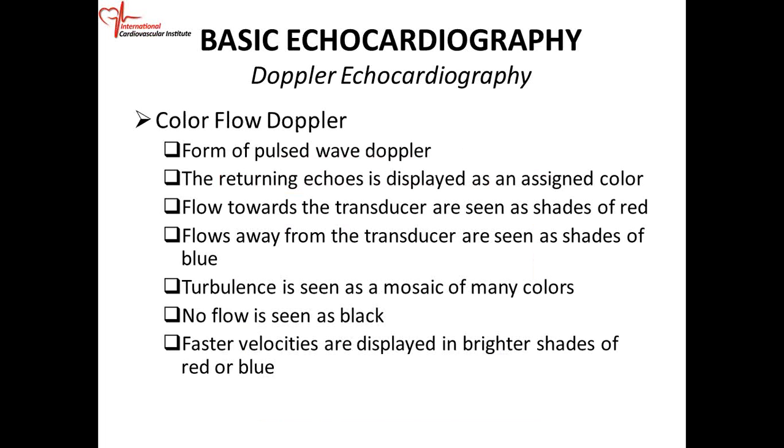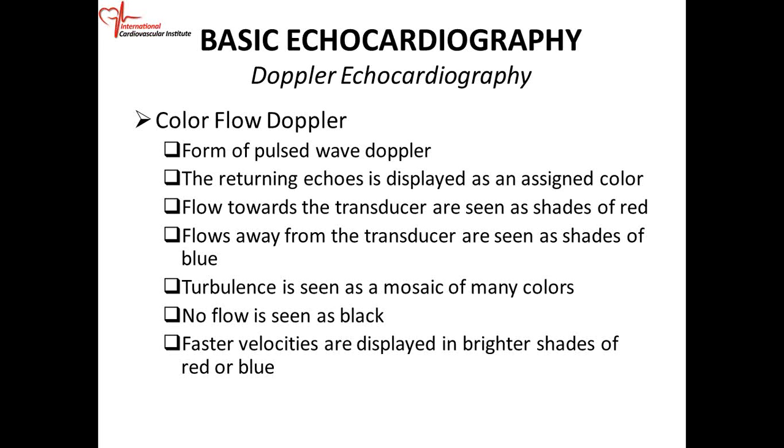So let's look at color flow Doppler now. As we mentioned before, color flow Doppler is a form of pulse wave Doppler. But what we did was we separate the flow towards the transducer and the flow away from the transducer. We color code the flow.